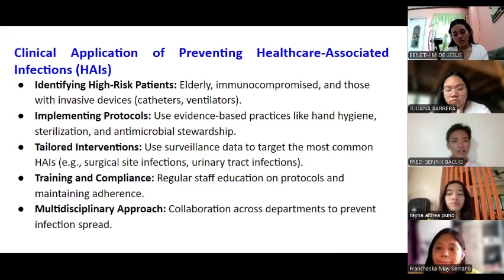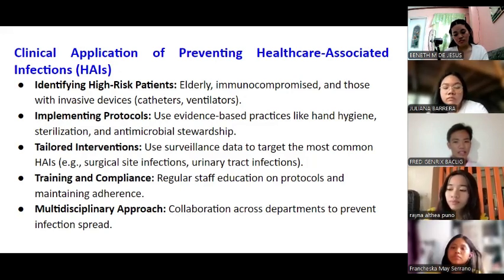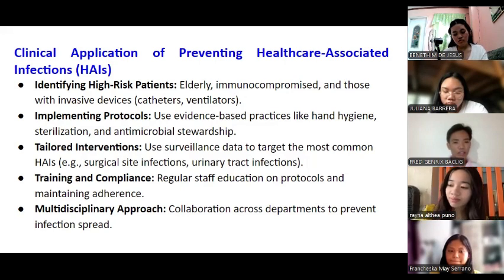Hospitals often conduct training sessions for all healthcare personnel and use compliance monitoring to ensure that staff adhere to these protocols, which helps prevent lapses that could lead to the spread of infection. And lastly, the multidisciplinary approach: collaboration across departments to prevent the infection spread.